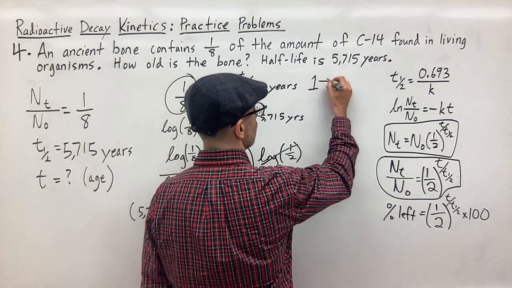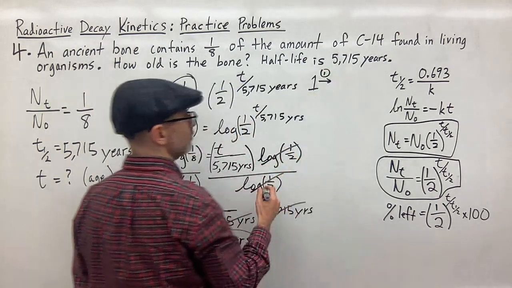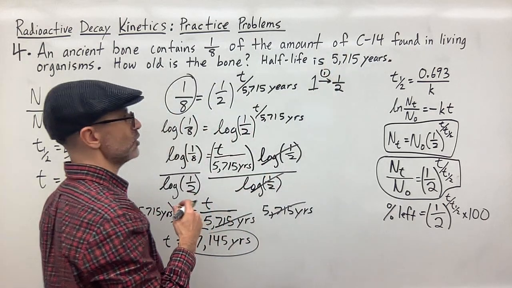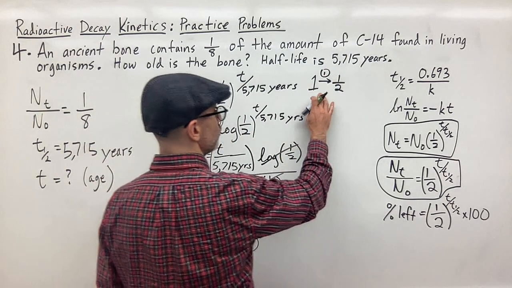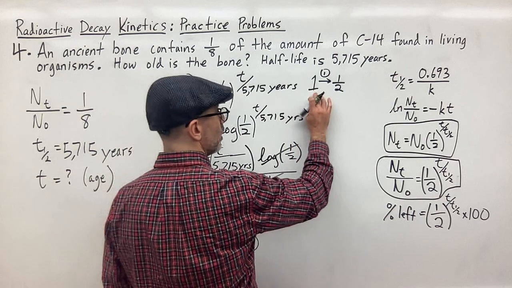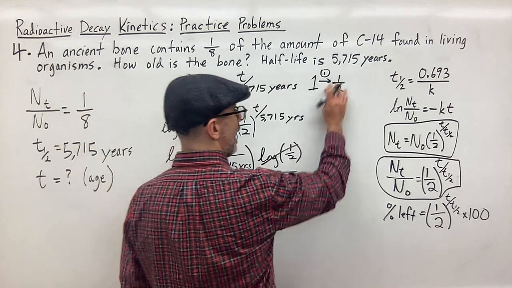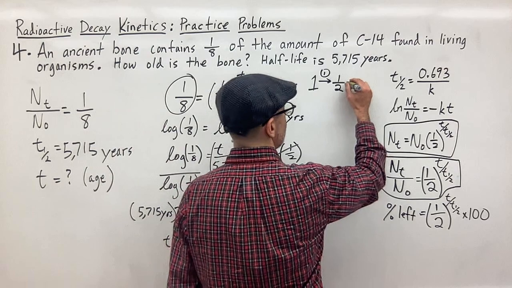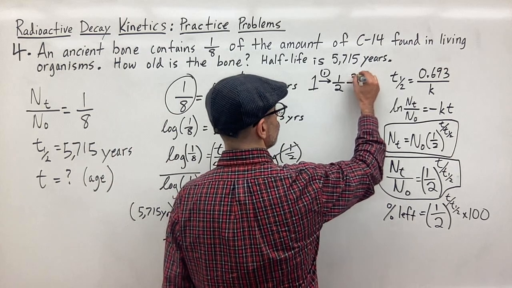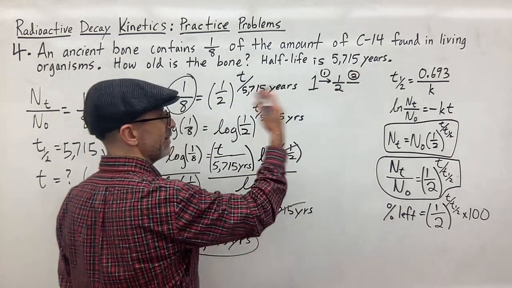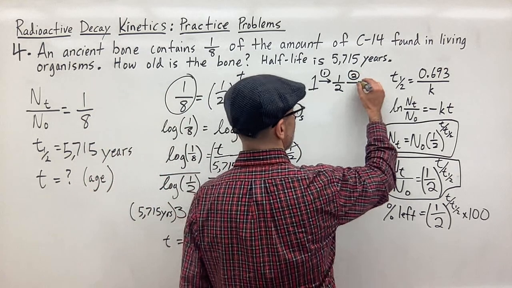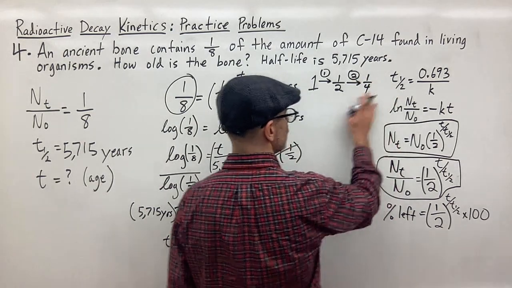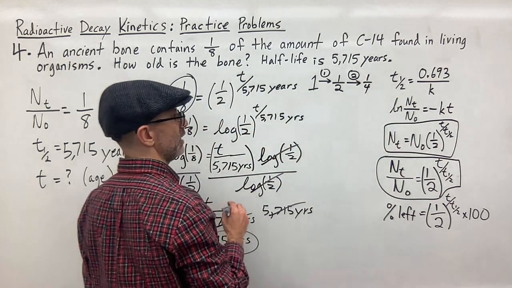So for my first half-life, if I divide by 2, I get half left after one half-life. If I go through another half-life, I divide that by 2, and I get 1/4. That's the fraction left after 2 half-lives.